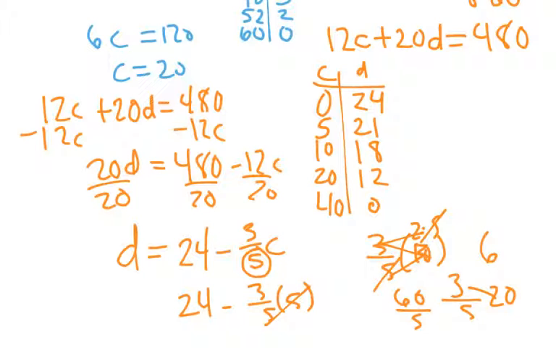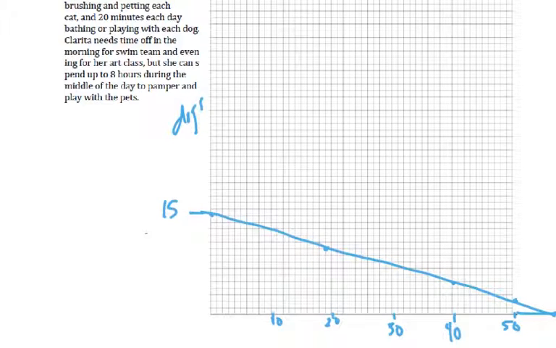So we can plot those. 0, 24, 5, 21, and 0 and 40. So 40 and 0, so 15. So that should be 30 right there. That would be 40.